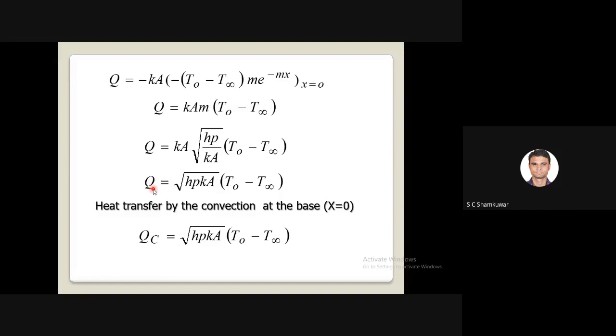So what is Q? Heat transfer by conduction at the base when x is equal to 0. QC is heat transfer by convection at the base when x is equal to 0.